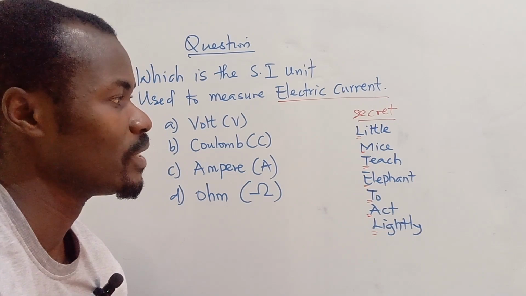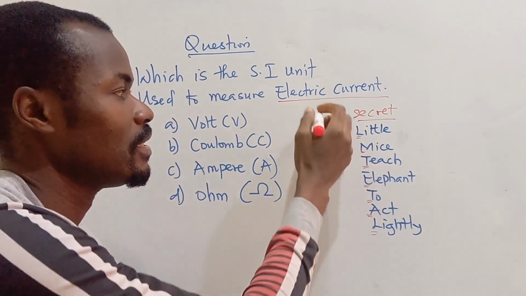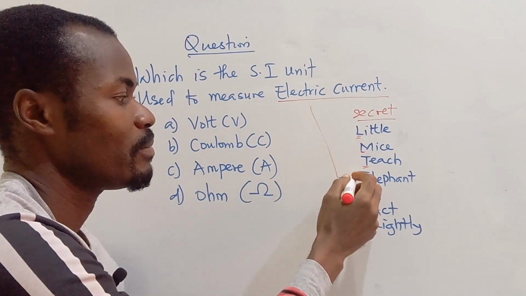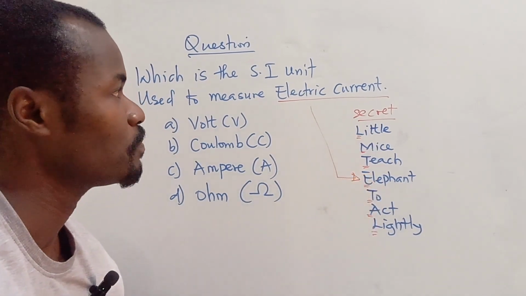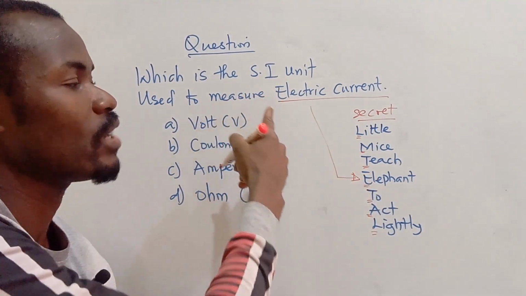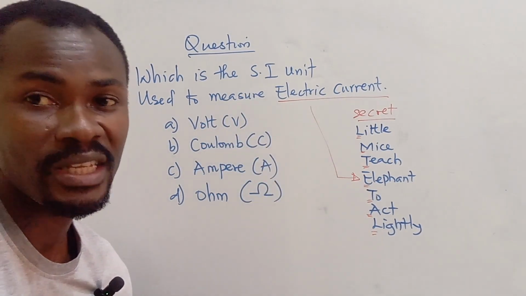So all we need to do is, electric current is represented by E. And the question says, what is the SI unit used to measure electric current?